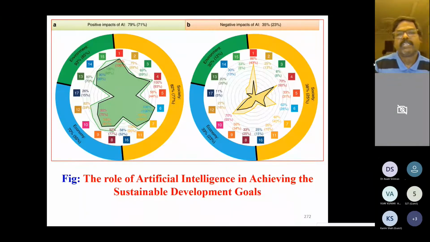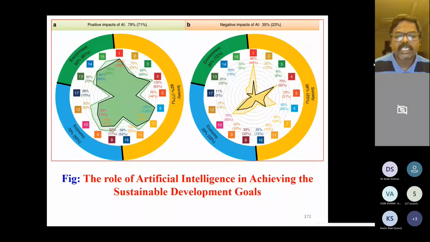If you see the negative impact of AI, environment is 30%, society 38%, and economy 33%. This is called the role of artificial intelligence in achieving the sustainable development goals.